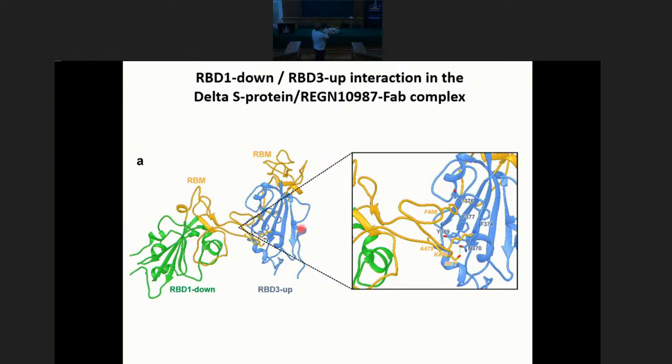Indeed, we observed the interaction of a loop from the RBM of the down domain with some part of the RBD of the up domain. Here, these interactions are shown in detail.